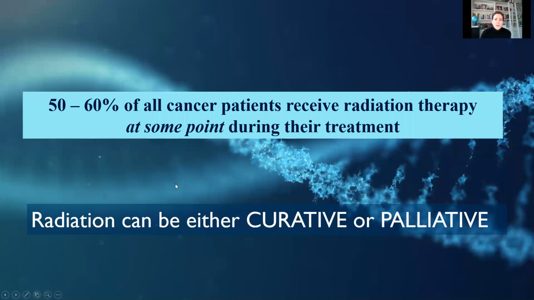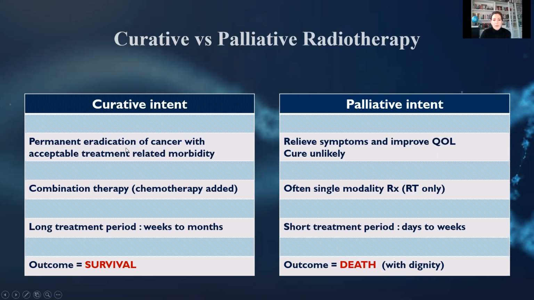If we are trying to cure someone, we want to eradicate the cancer, and at the same time, we want to balance that against the morbidity that is created by the treatment. We almost always use combination therapy, in other words, chemotherapy added to the radiotherapy. It's a long treatment, and I'll explain why in a minute.